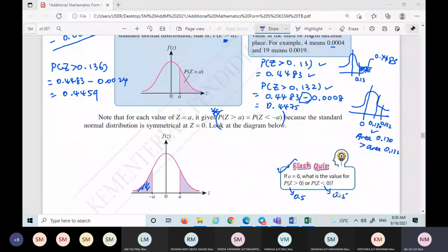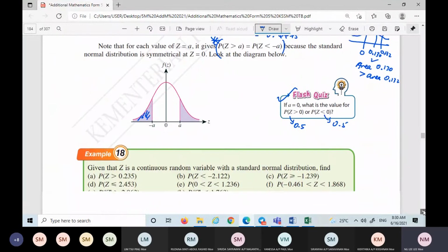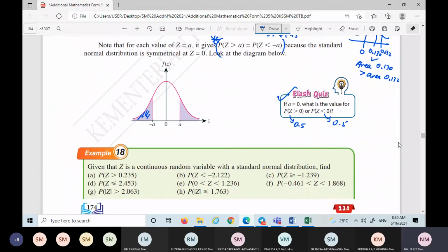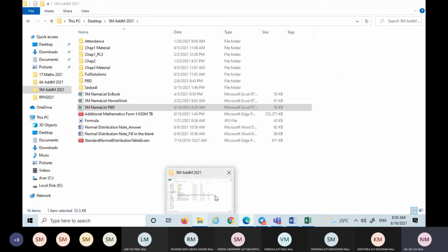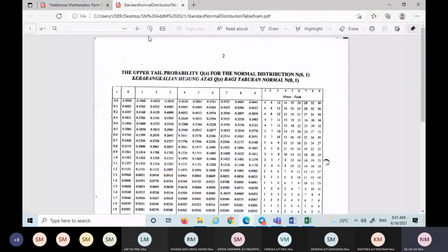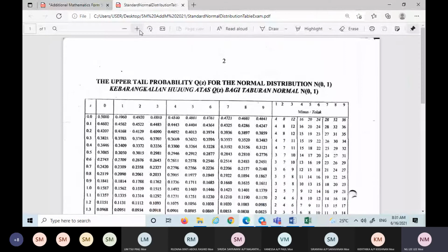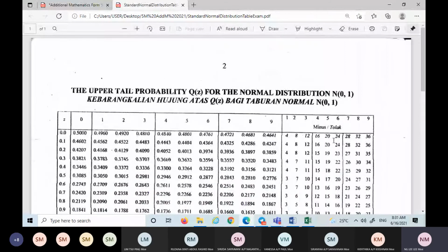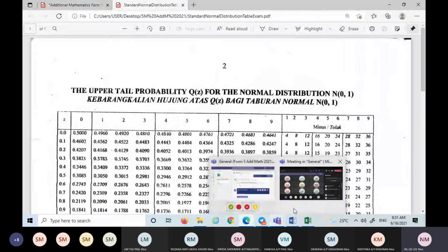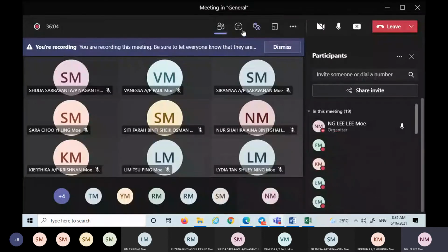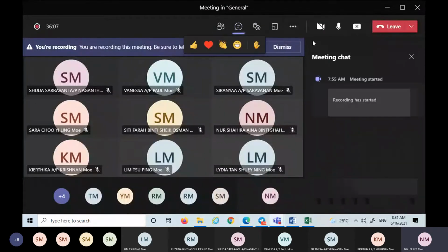Okay, Nick. Hanis. I have to open this. Look at my table. This one I already sent to you. Everyone must have this. Hanis is here.